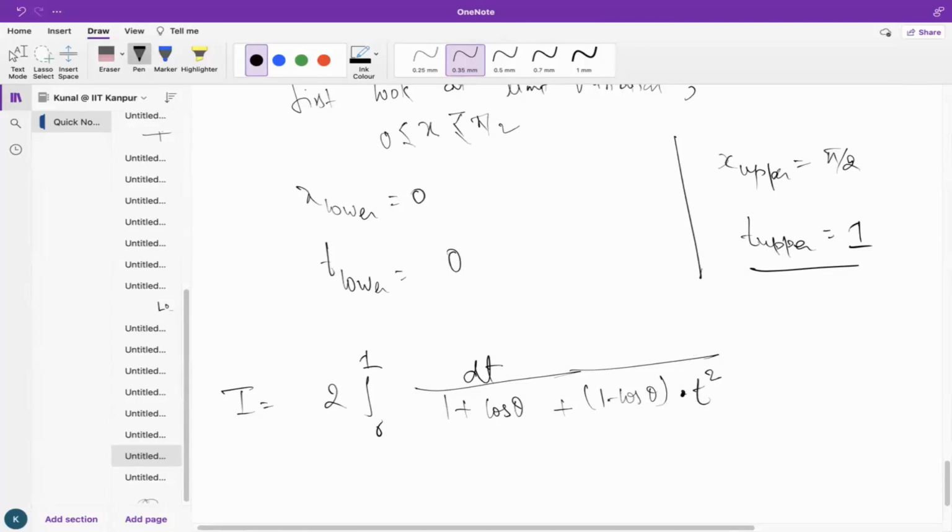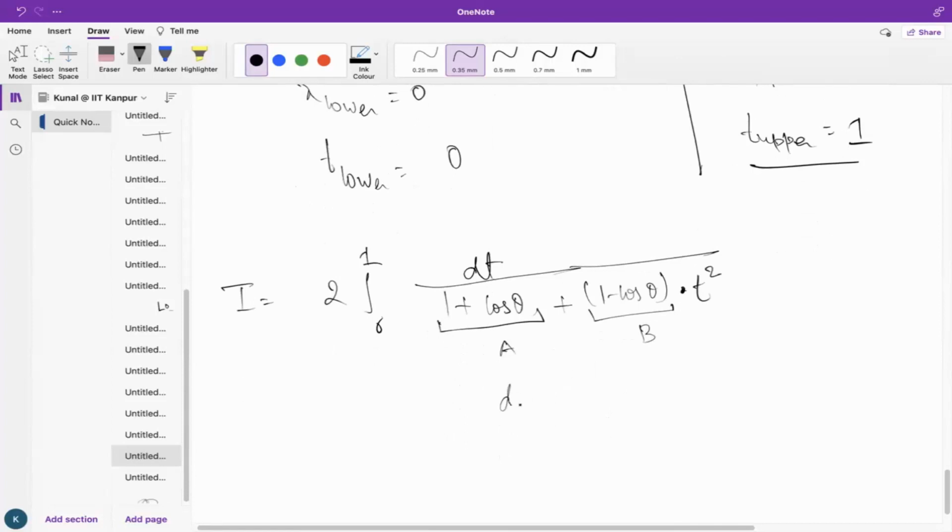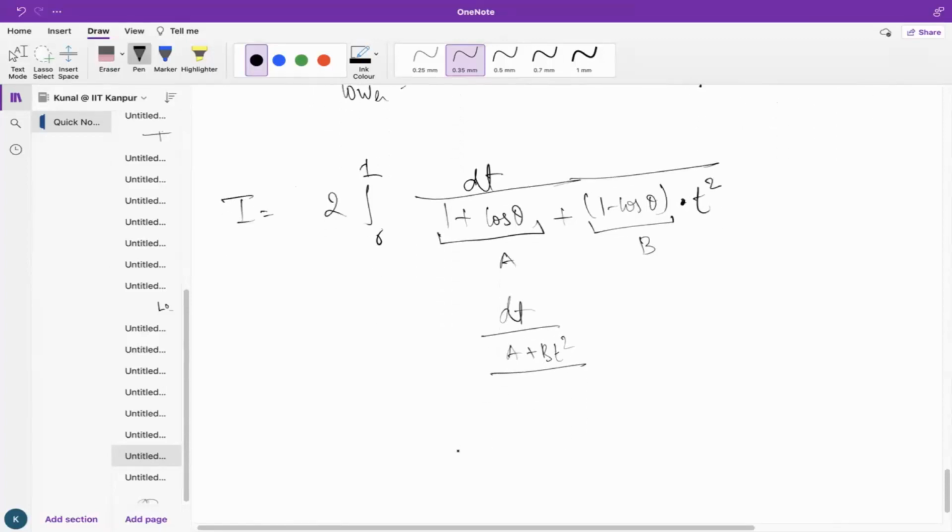This is our A and this is our B. So this is of the form dt by A plus B t square, so we can write this in terms of an A square plus B square term.